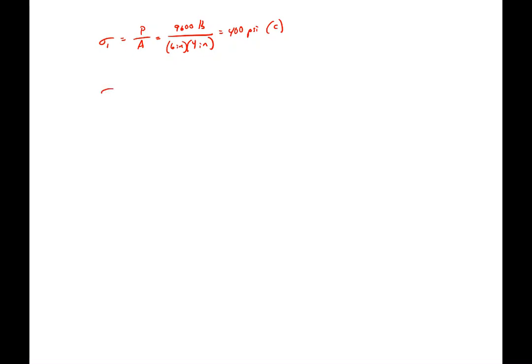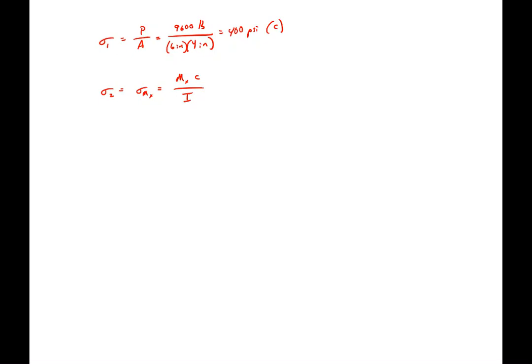Sigma 2, I'm going to write this as sigma mx, and that's going to be the moment about the x-axis times c over I. And I wrote that as a c because we actually have a positive and a negative component of this, so we'll deal with the positive and negative component in a minute.